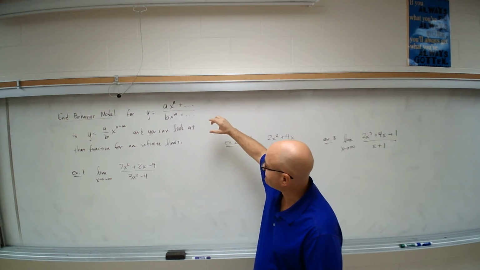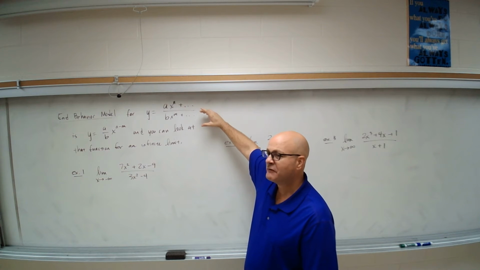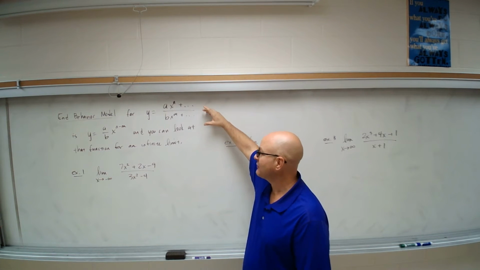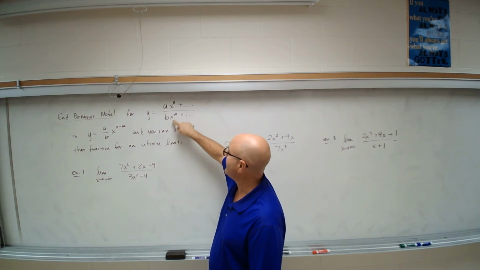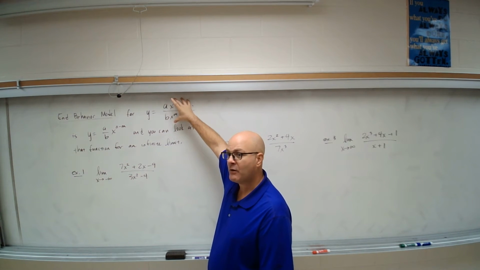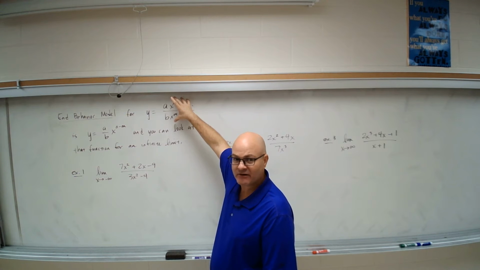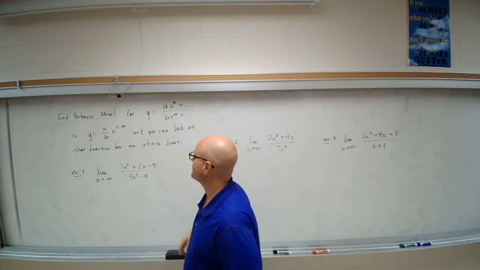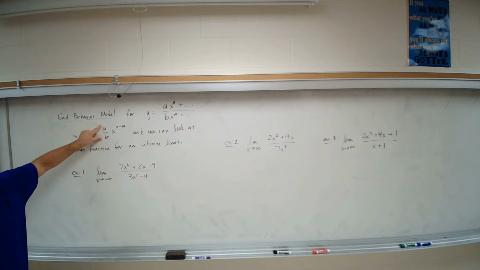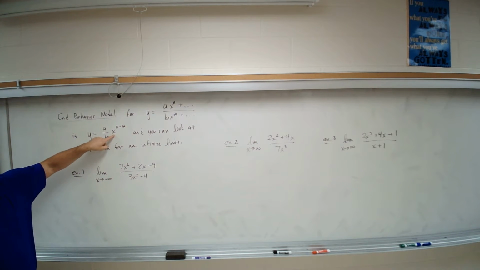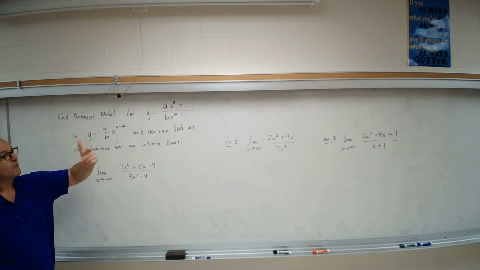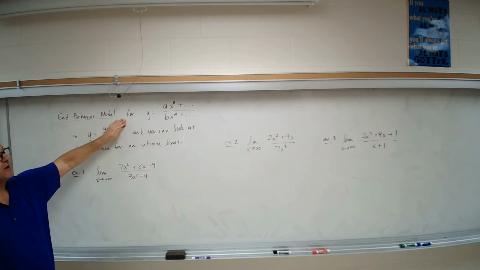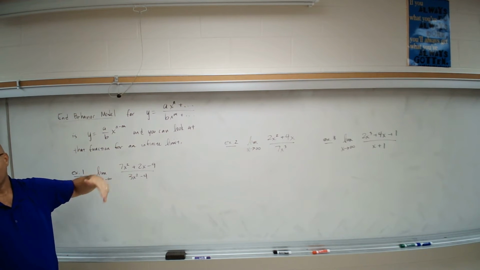But all we have to do for the end behavior model on any rational function, as long as a x to the n and b x to the m are the leading coefficients of the numerator and denominator, the biggest powers, you just take a divided by b to get a constant, and then take the top degree minus the bottom degree. And that's it. So if they're the same degree, you'll just get a over b like we saw back in pre-calc. But otherwise, we'll get other functions as well.